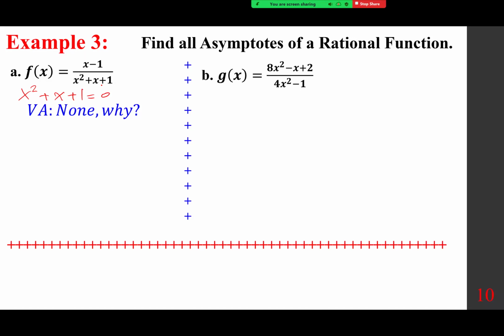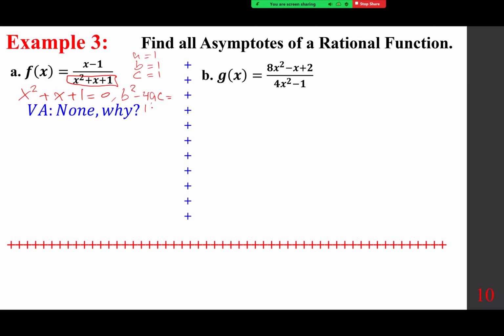This can never be 0 because b squared minus 4ac equals, look at this one, a is 1, b is 1, c is 1.